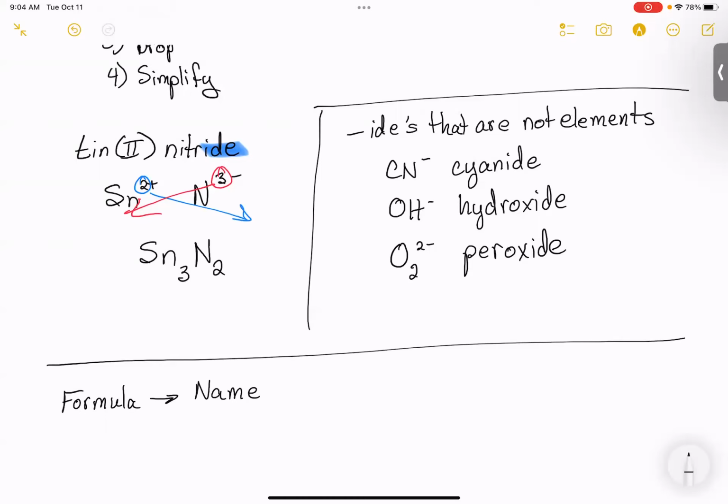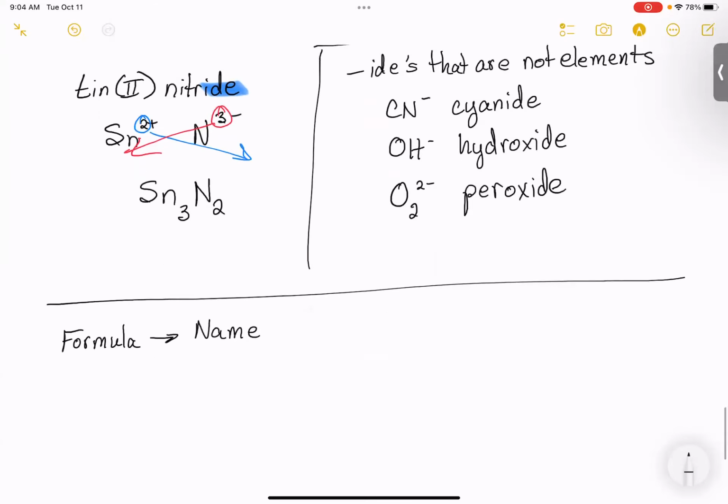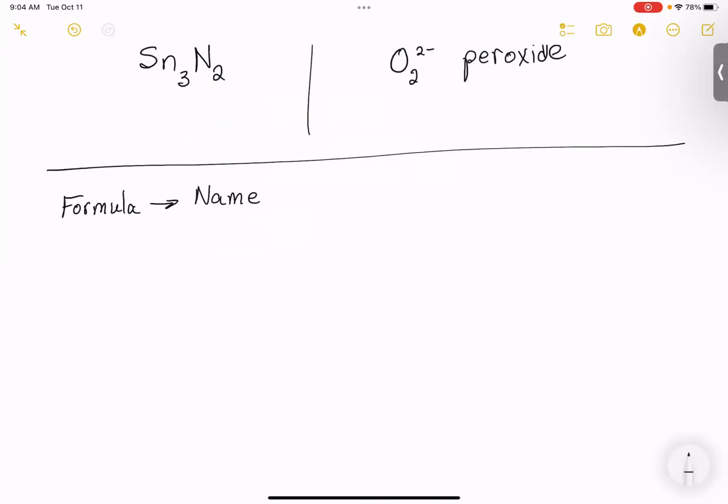And yes, O2 2 minus is what's in hydrogen peroxide that you can buy from the store. Hydroxide is a particularly important one when we start talking about bases. So you will encounter these. You hopefully won't encounter cyanide since that is poisonous. But the other 2 you will encounter.